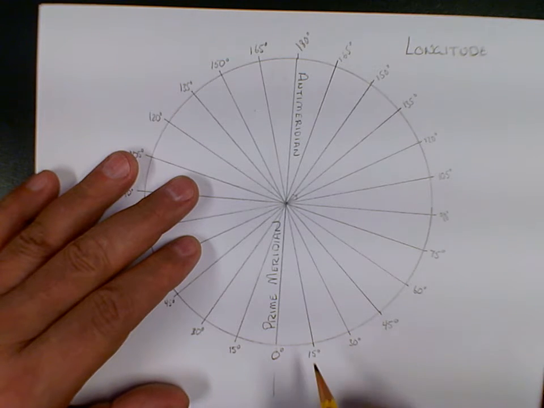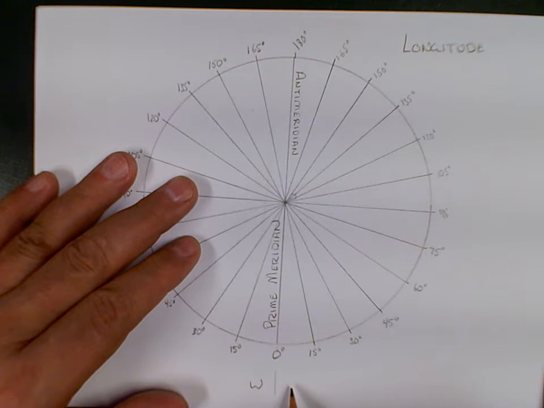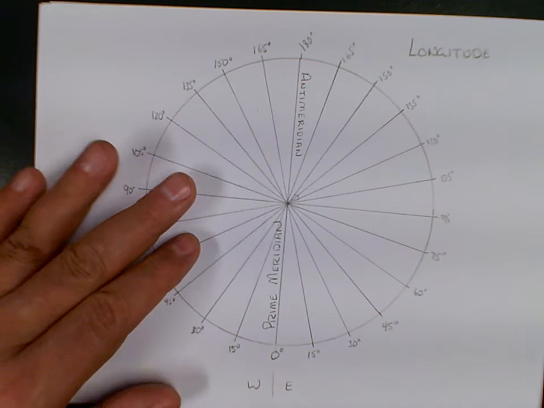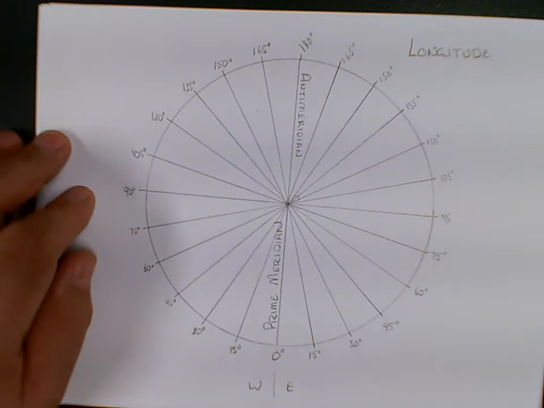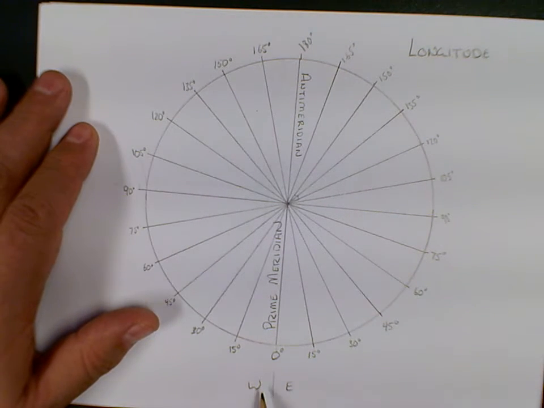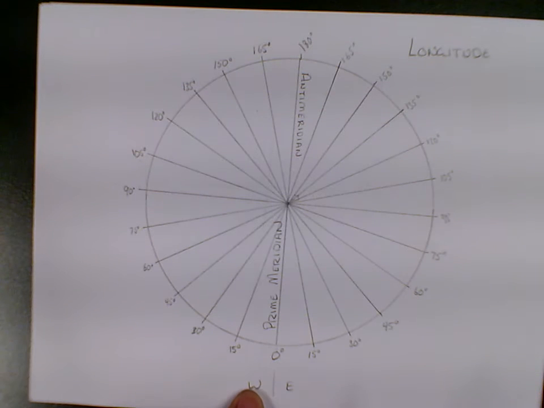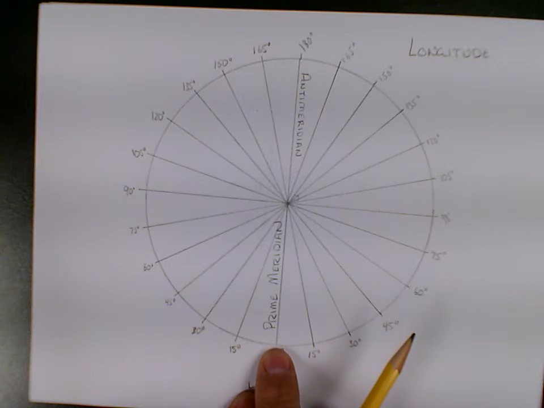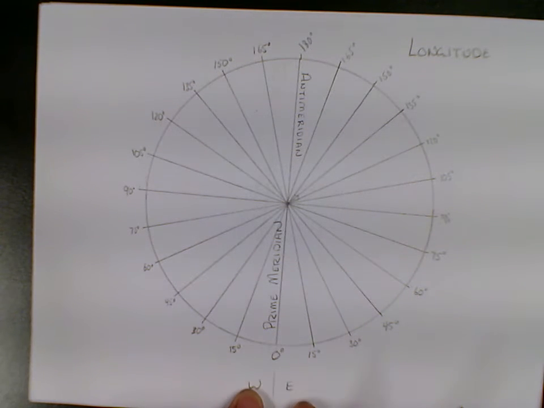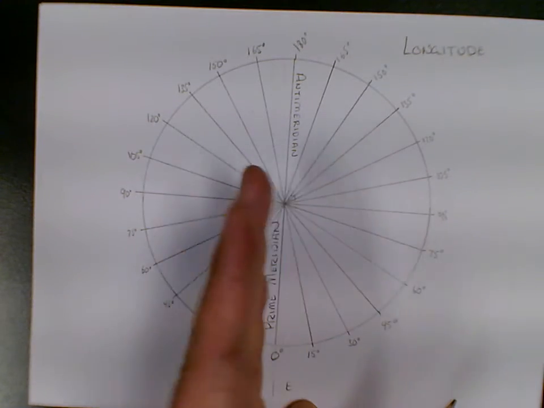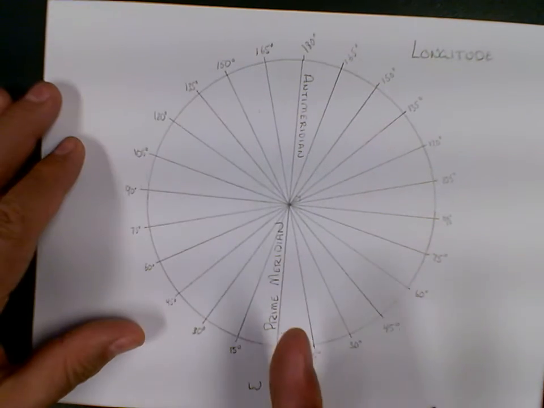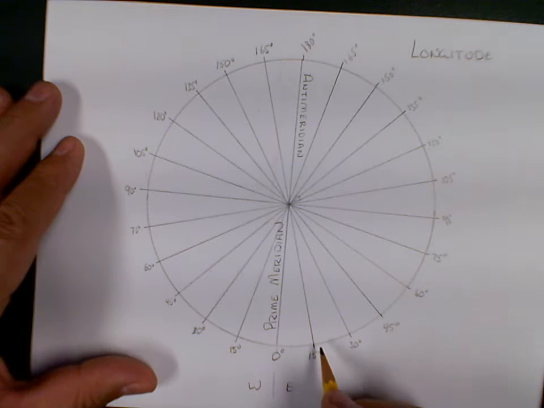Here's the center point, and I put "we." I think of it like We Are the World, name of a famous song from my generation. So if you do that at the prime meridian, and it only works when you're looking at the prime meridian, everything on this side will be west, and everything on this side will be east.